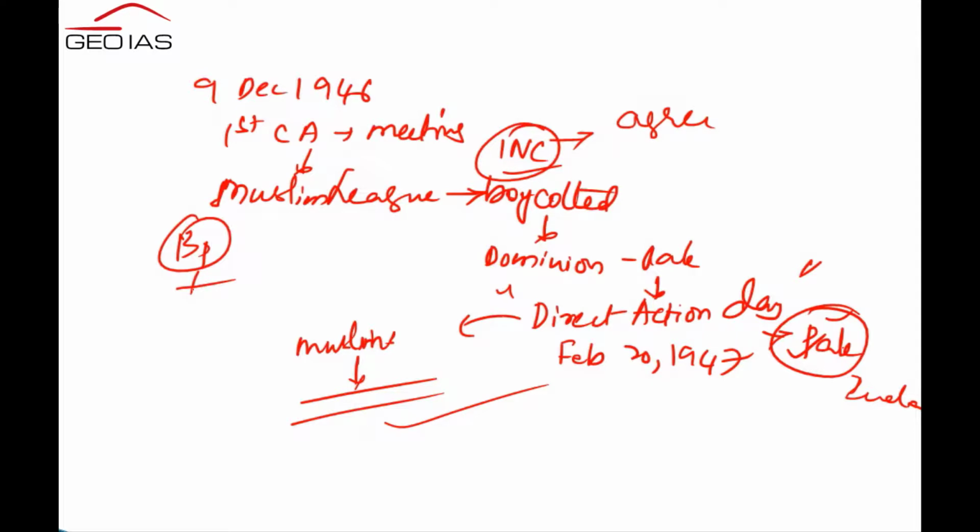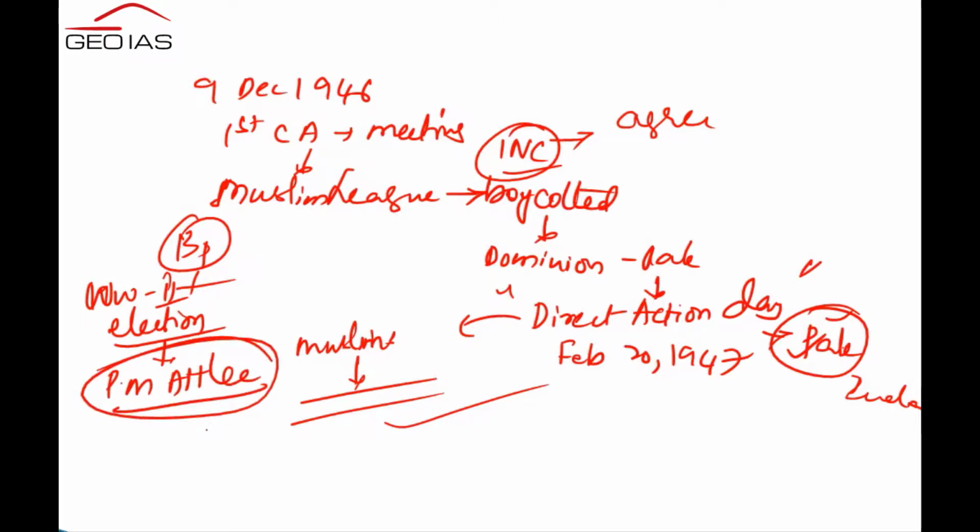After World War II, elections happened in Britain, and Clement Attlee became the Prime Minister of Britain. He said that by June 1948, British rule would end in India, and India would be given complete freedom.